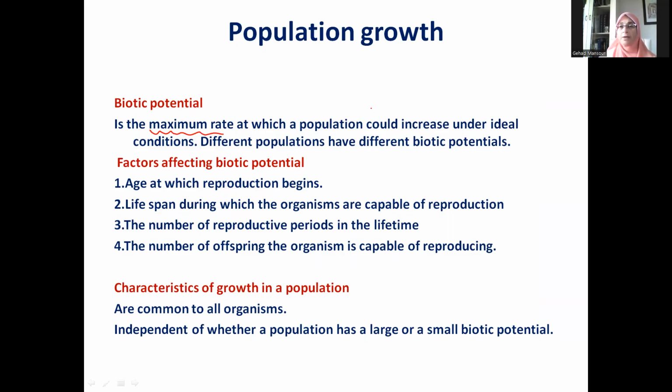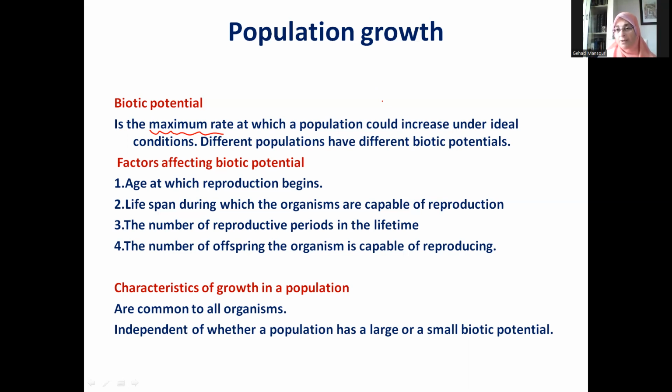Every population can increase at different rates over time, depending on many factors and depending upon the nature of the individuals or the genetic characteristics of the individual. So it's partly related to the genes of the species, of the individuals, and partly related to the environmental conditions.